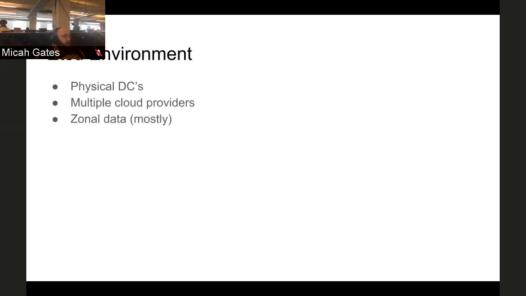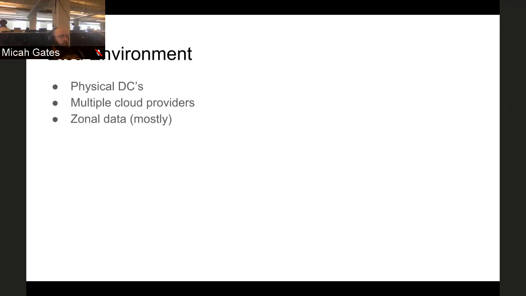So to give you an idea about the environment that we're operating etcd in, Uber operates mostly out of our own physical data centers. We also have a cloud presence with multiple cloud providers. We operate etcd in all these different environments. And for the most part, the data that we store in etcd is scoped to a single zone.